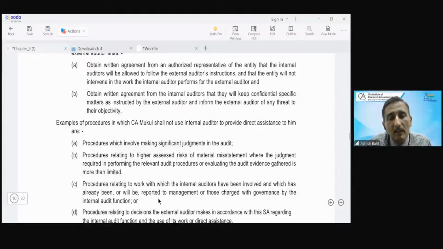So these are examples of the procedures where the external auditor shall not use an internal auditor to provide direct assistance. Okay.